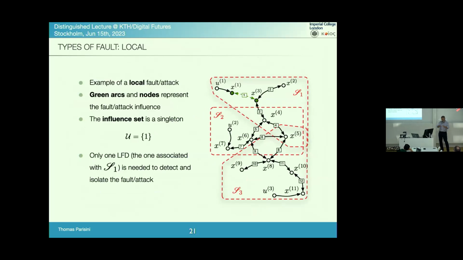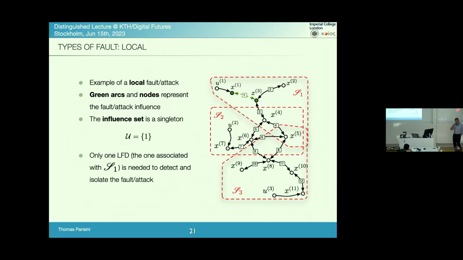Faults that only affect your system locally. When I say locally, I mean locally by the decomposition that you have considered. So for example, here, if these state variables are actually impacted by the fault, that fault is only local, okay? The influence set here is a singleton, okay?